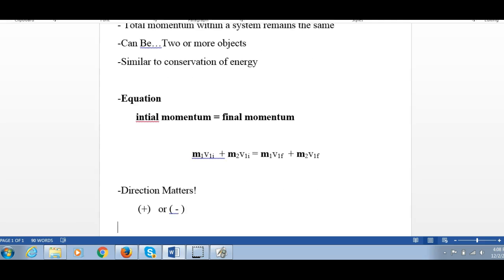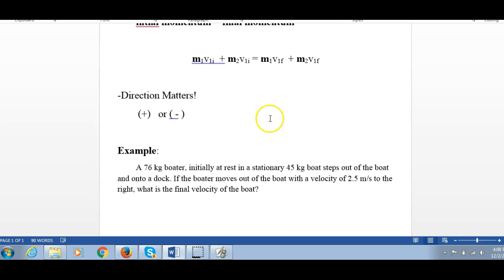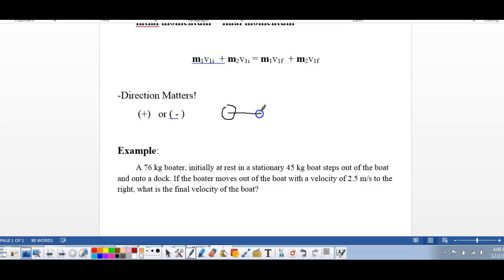Let me go down a little bit. The one thing that's really important to remember about this is direction matters, because you're going to have objects moving perhaps in opposite directions. Like if you have the one ball going this way, the one ball going this way, so they're not moving in the same direction.